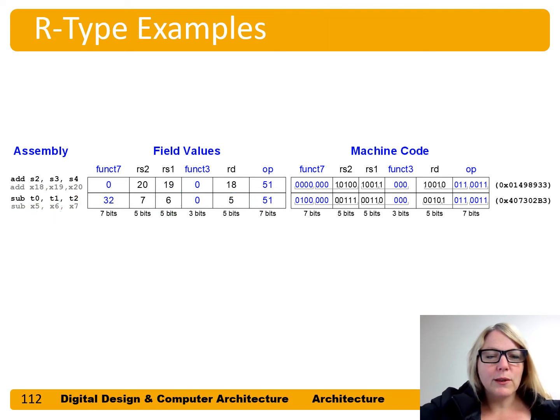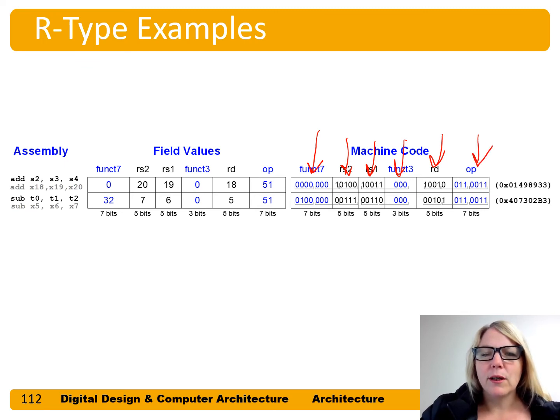And so after we write all those fields in, we write the binary value: the 7-bit representation of 0, the 5-bit representation of 20, 19, the 3-bit representation of 0, the 5-bit representation of 18, and the 7-bit representation of 51. Remember, our opcode is 7 bits.